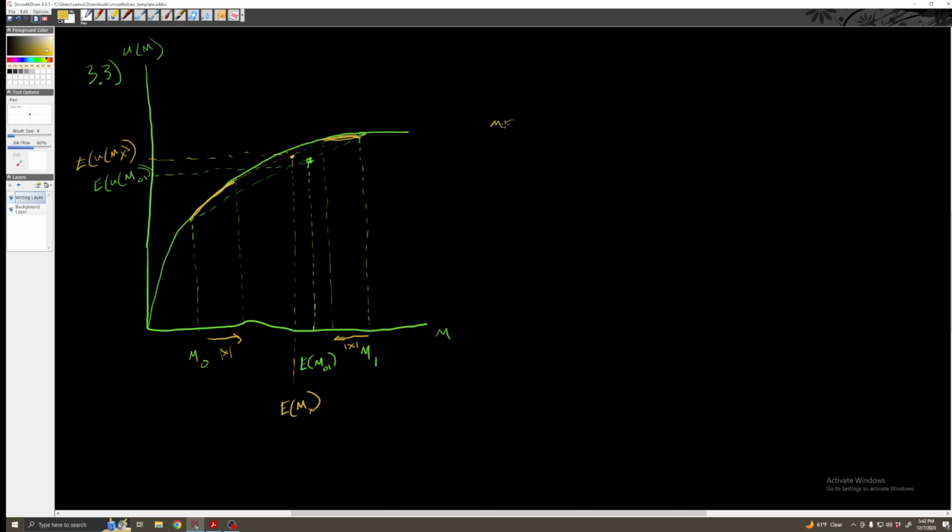So we have to maximize x, and then we have the expected utility. Right, so we get 1/3 probability that we get m sub 0, we actually need the natural logarithm there, don't we? 1/3 natural log of m sub 0 plus x, plus 2/3 natural log of m sub 1 minus x.